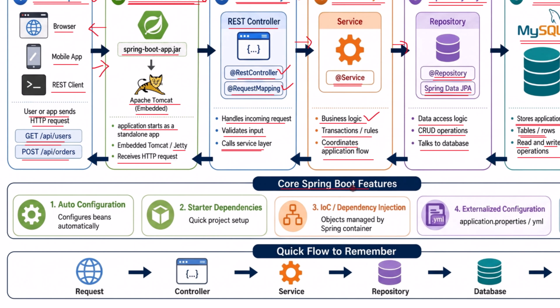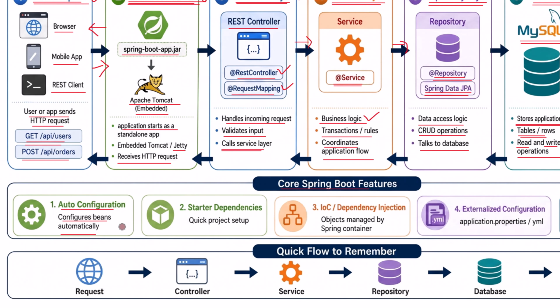The first core feature is auto configuration. Spring Boot examines the dependencies available in the project and automatically configures many required components. For example, when Spring Web is present, Spring Boot can configure the basic web application infrastructure.